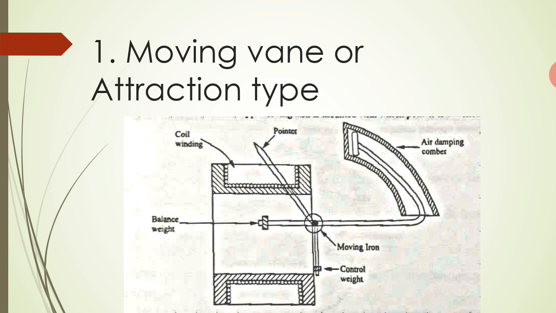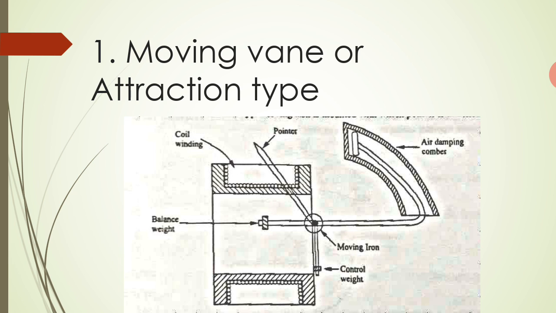Now, first is moving vane, or we can say attraction type instrument. The basic working principle of the attraction type moving iron instrument is shown in the diagram.